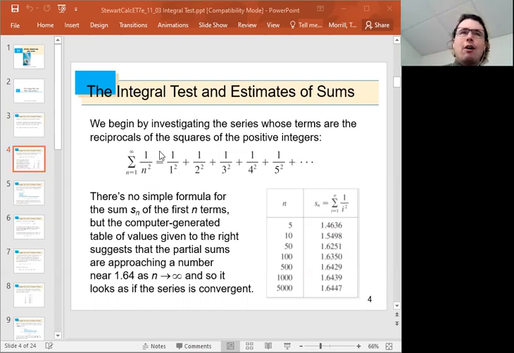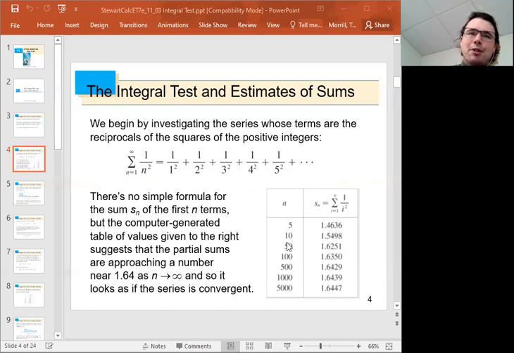So you might start off by trying to compute some partial sums, or at least getting a computer to calculate partial sums for you. And if you did that, you'd get a table that looks kind of like this. The fifth partial sum of this series is 1.46 and change.